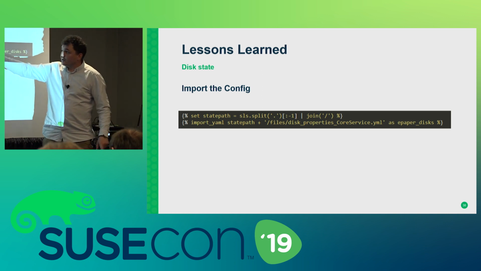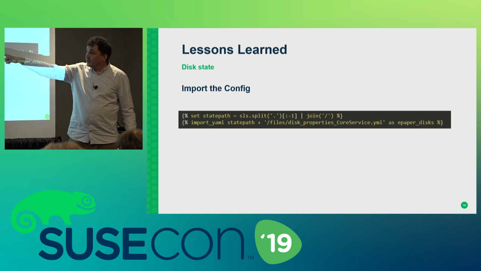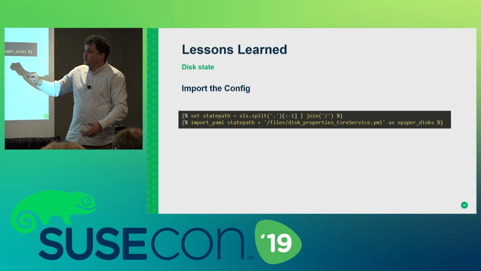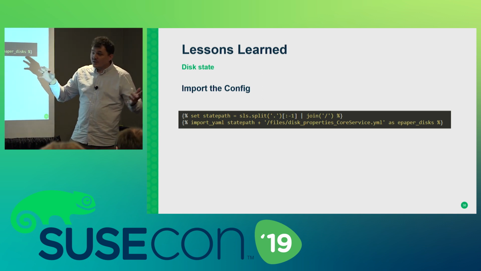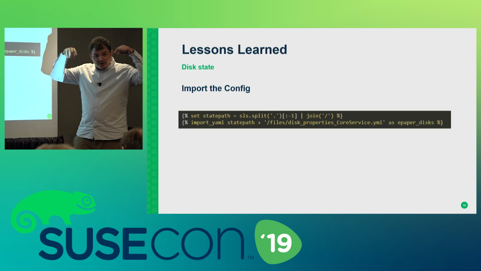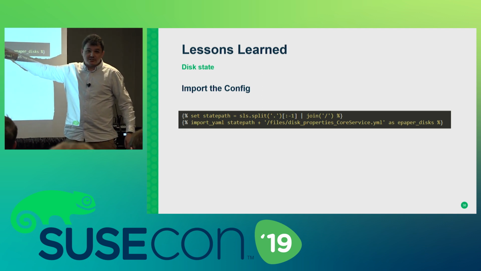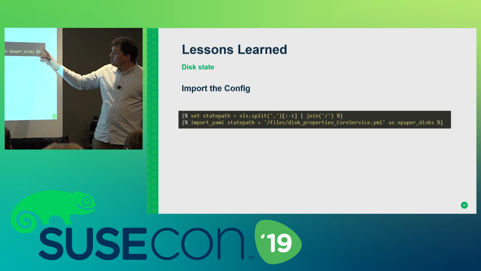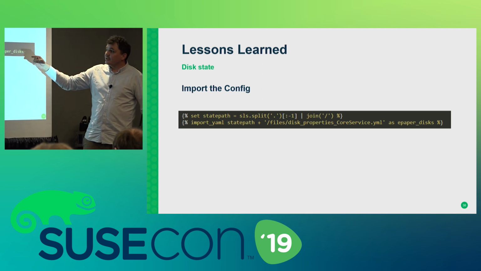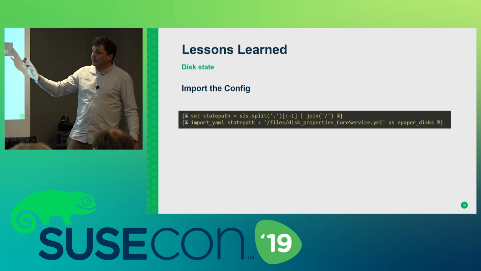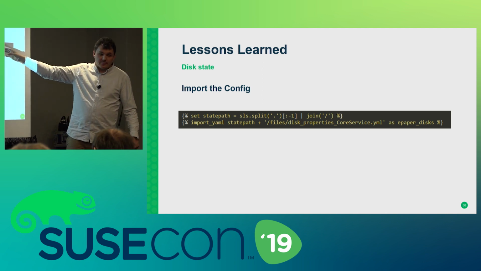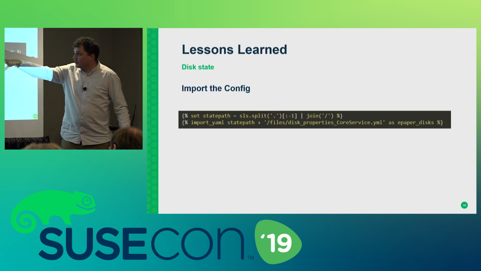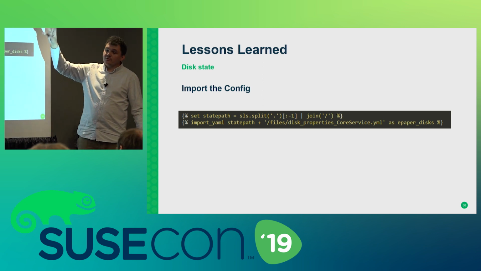What we're going to do is split that on the dot, and remove the file name itself. So we end up with a path to the directory you're already in, and then we join that with slashes for an import, because an import in this YAML command here needs to have slashes in it. This is something you can just copy and use. And the next one is an import_yaml. So we're going to import this YAML you saw before.